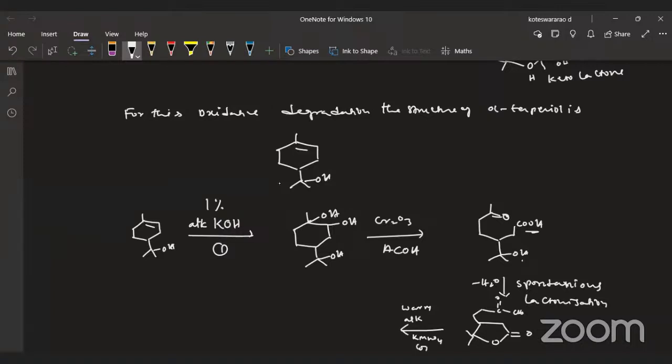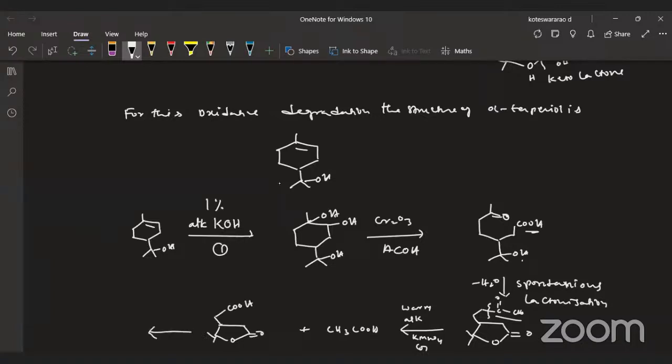Then it leads to the formation of terpenylic acid and acetic acid, from oxidation of this bond. That leads to the formation of acetic acid from this fragment, along with the terpinolic acid. This is the terpinolic acid.